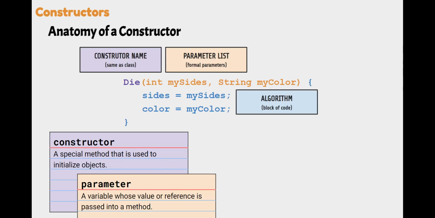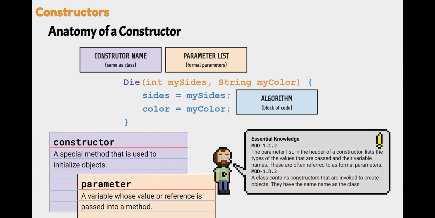And then inside this constructor is an algorithm, the series of steps that we want the constructor to do. The algorithm for a constructor should be to set those member variables, which is what it does. We had a member variable for sides, and we're going to set it equal to the number of requested sides. And we had a member variable called color, and we're going to assign that the requested color.